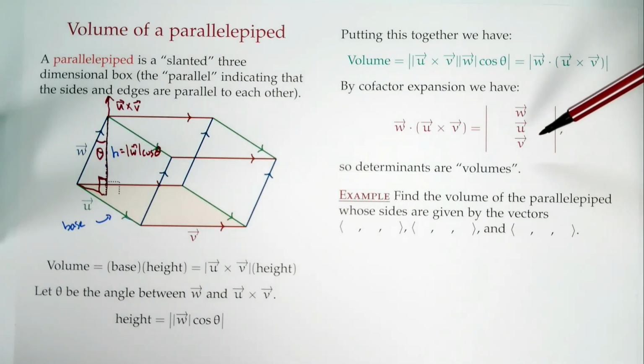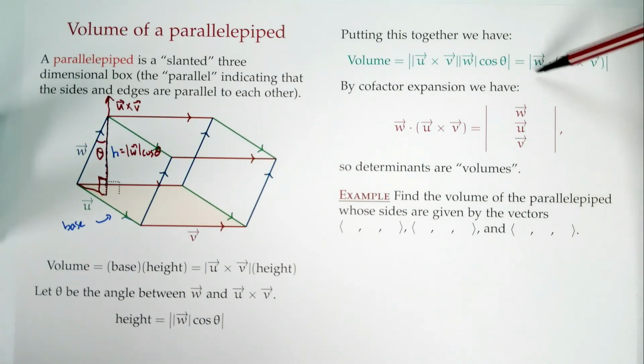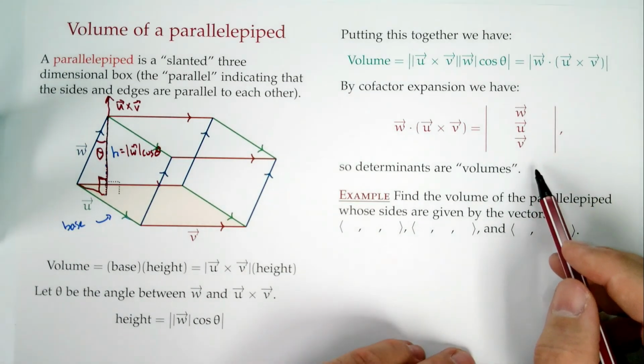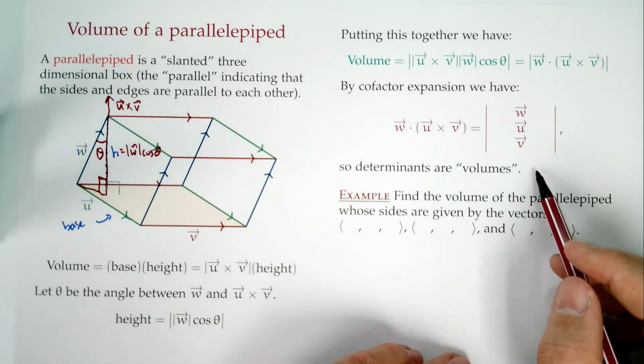And you take that determinant. And now, what does that mean? Well, that means that the determinant is up to sign that expression. And so determinants are volumes, which this is a really nice fact. In fact, we will come back to this. This will get used later on in the course.